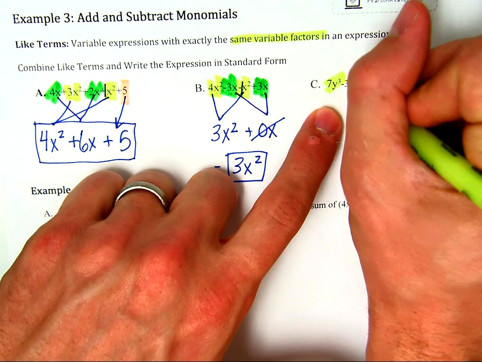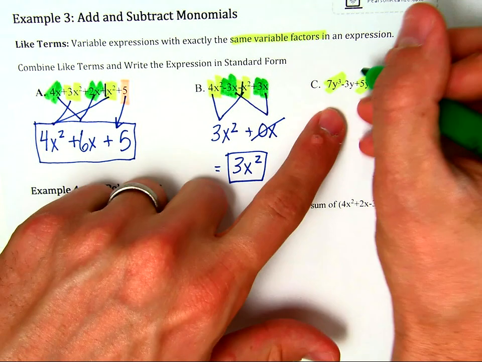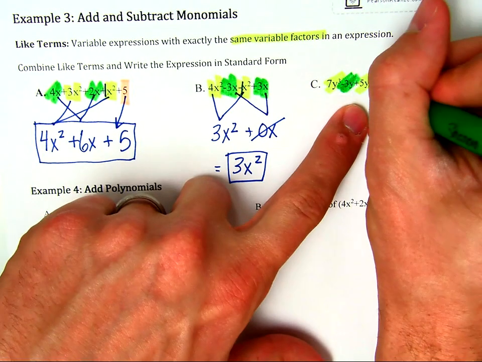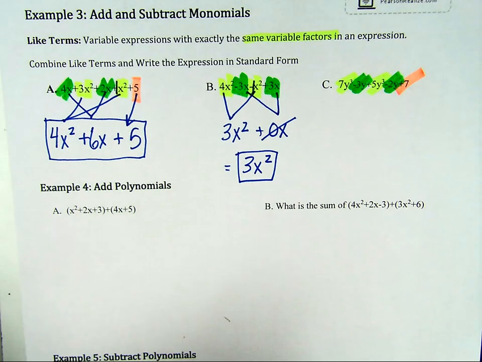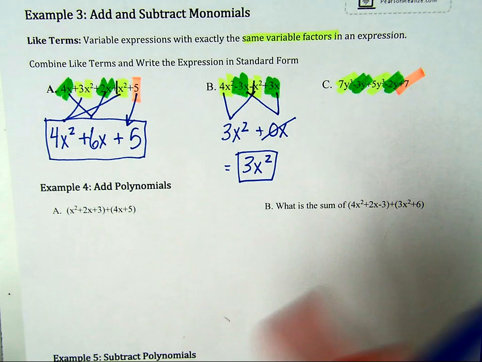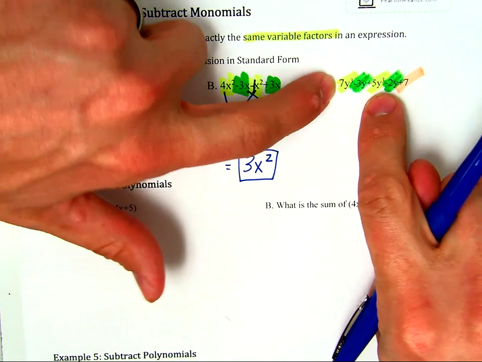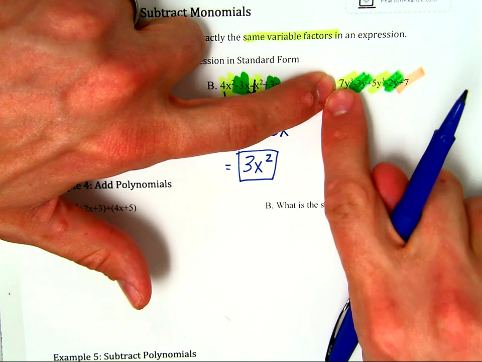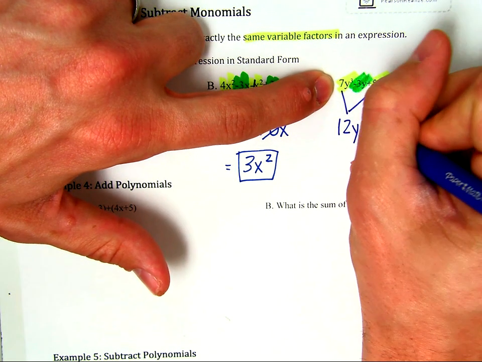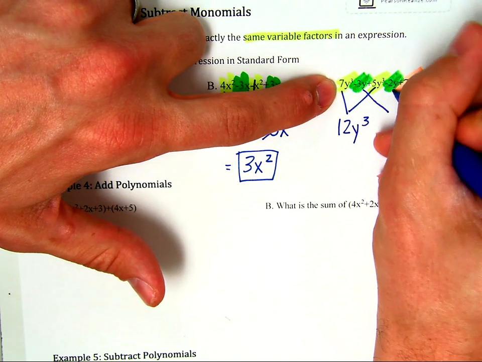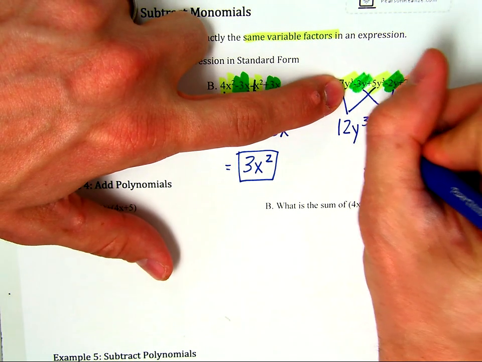All right, the next one. Looking through here, we've got a 7y to the 3rd, 5y to the 3rd. I've got a y and a y, and we have a constant. So we want to combine the like terms by adding the coefficients. So 7 and 5 become 12y to the 3rd.